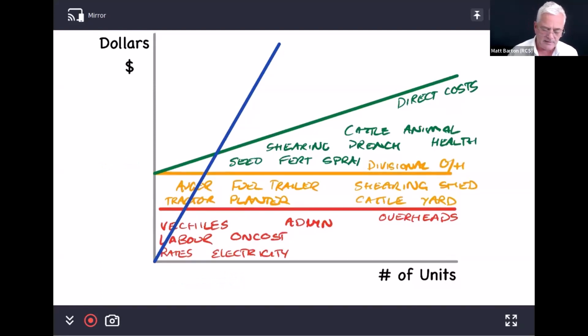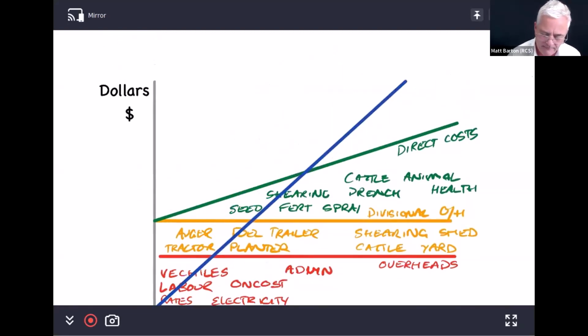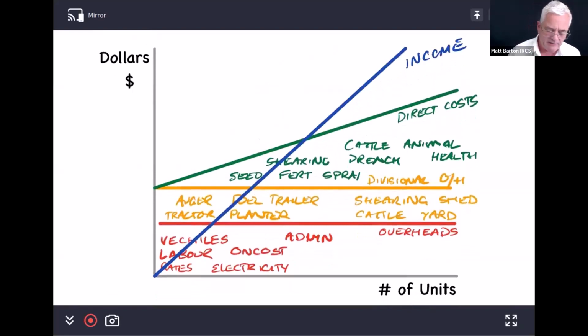Let's just put it through the middle here. And we'll call this one income. We have a break-even point in the middle here. So where the blue line intersects the green line, that is our break-even.